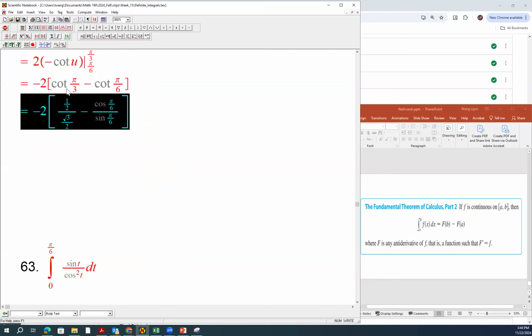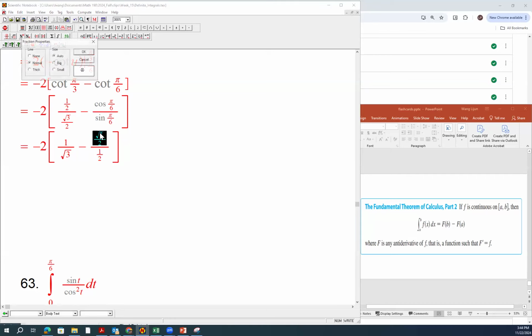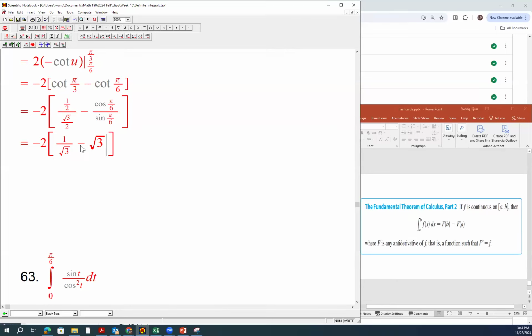And for this piece, sine pi over 6 is half and cosine pi over 6 is root 3 over 2, so this piece reduces to root 3. These are basic arithmetic.